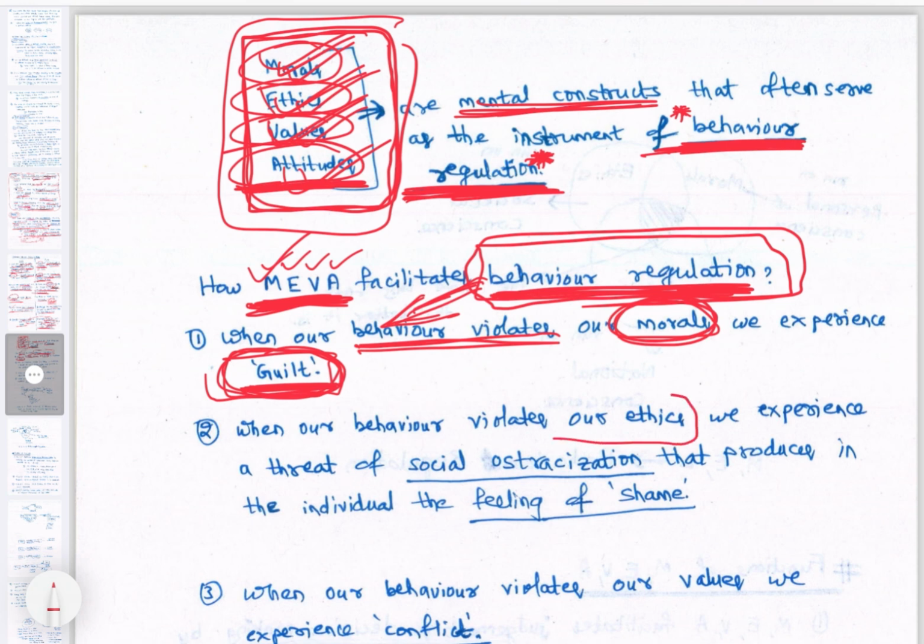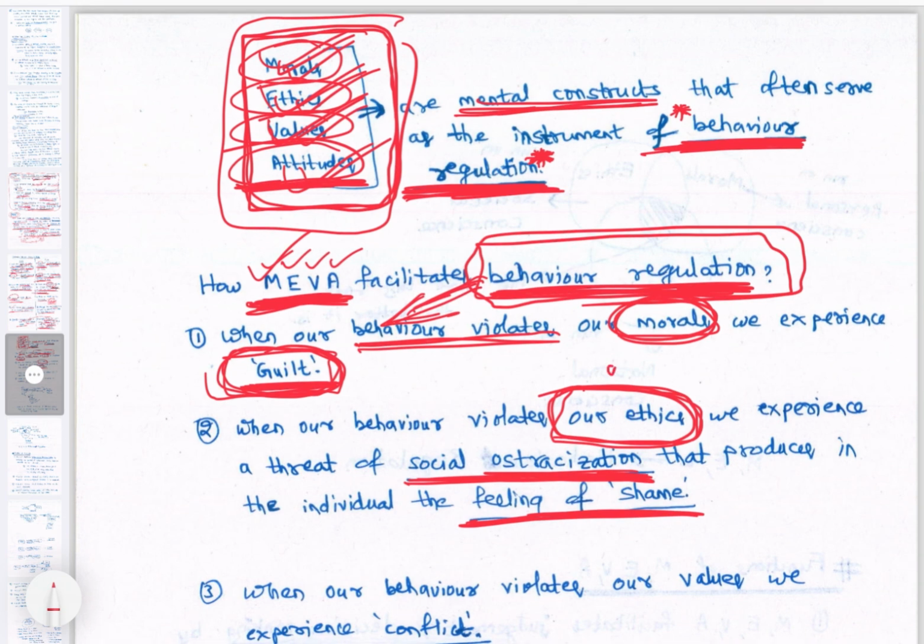When our behavior violates our ethics, we experience a threat of social ostracization that produces in the individual the feeling of shame.